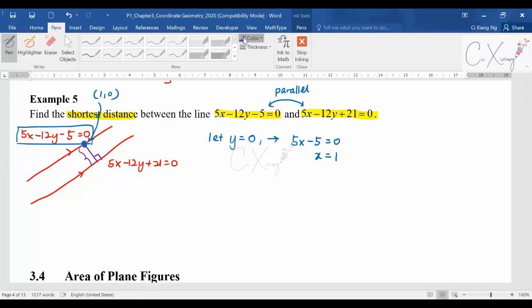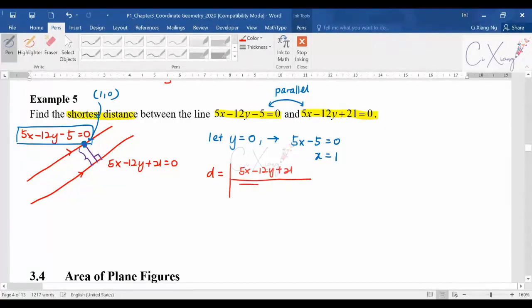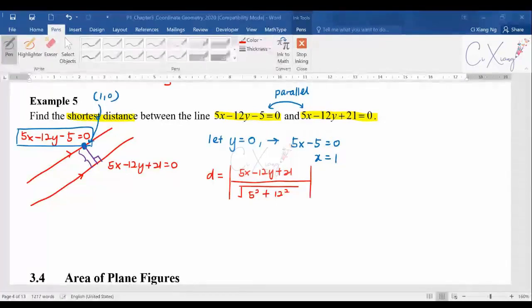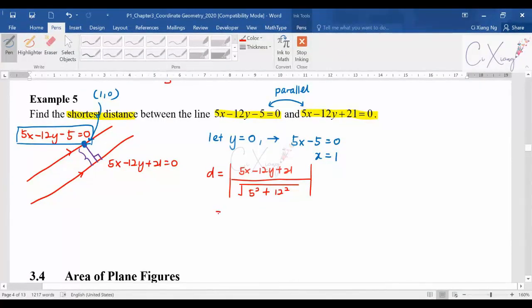Okay, alright, so now I'll start with my distance. So what's the distance formula here? You have to write |5x minus 12y plus 21|, then divided by the square root of 5 square plus 12 square. Okay, so that is the formula that we got just now. And after that, let us continue. The x and the y here, you need to substitute with the point that you found.